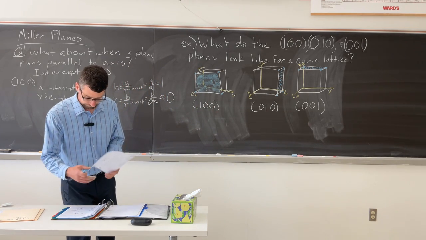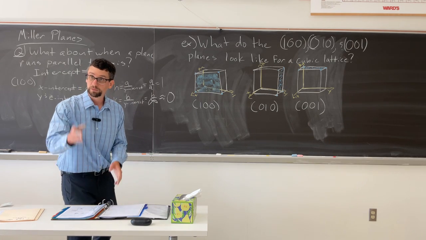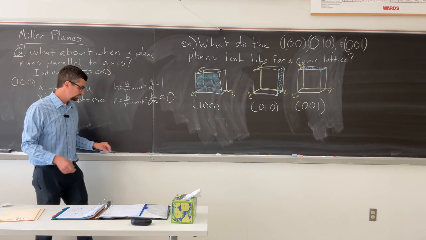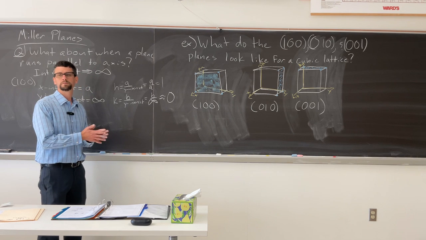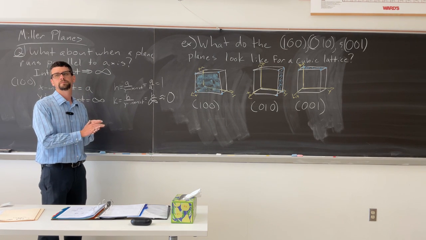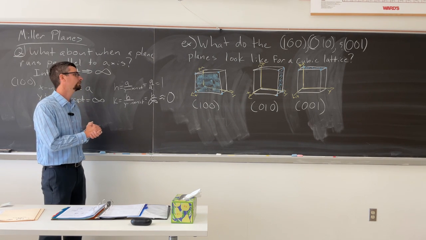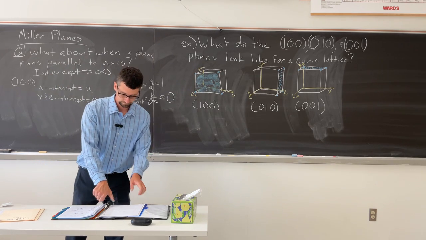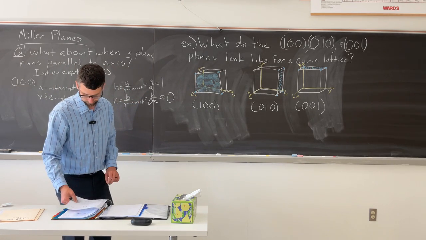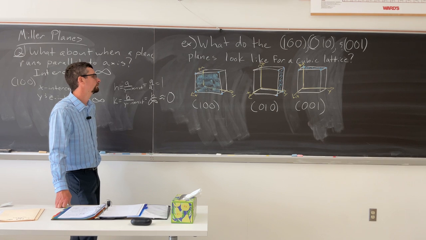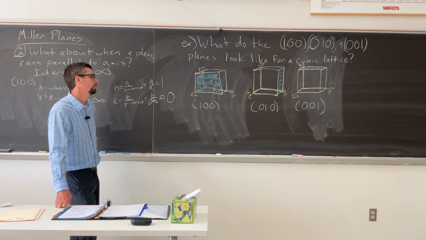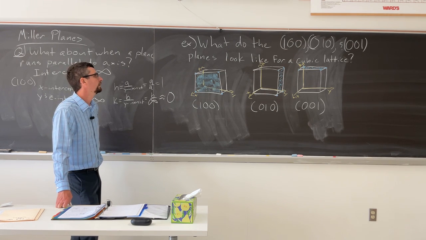Okay. Are we getting it? What's your question? How does it end up being parallel to Z if you do it across all unit cells? Does that make sense? Yep.